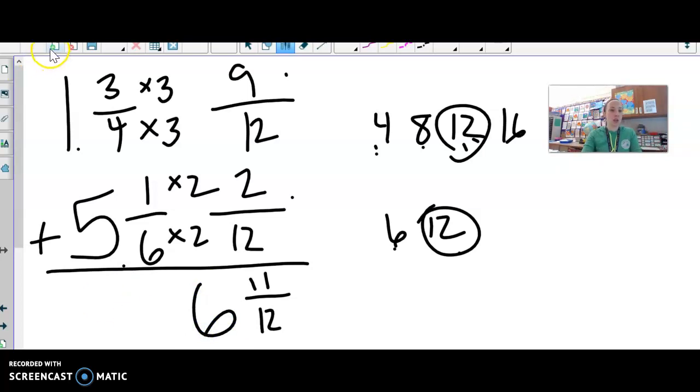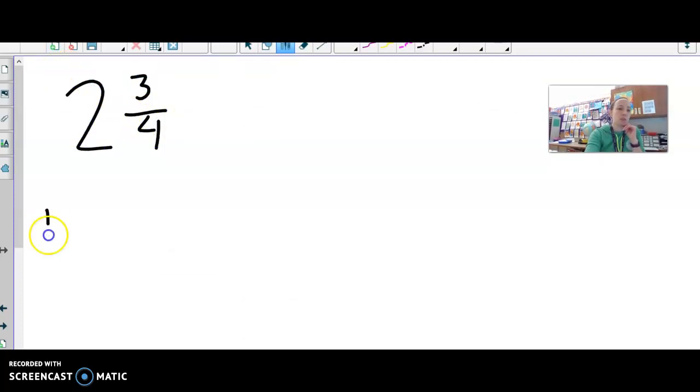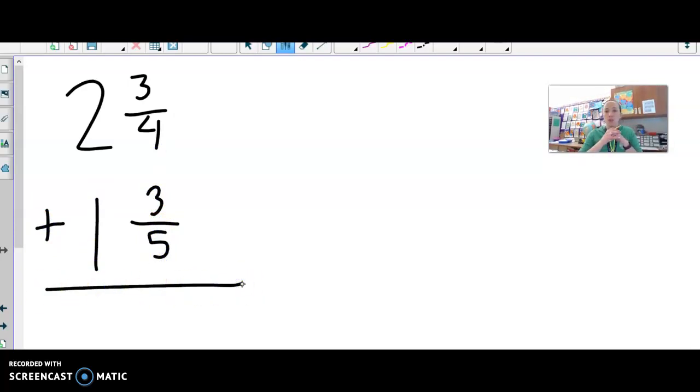Now this one, I'm going to have you try. I made this one up. So 2 3/4 plus 1 3/5. Go ahead, give that one a try. All right, you might have gotten stuck on that one because something weird happened, right? I want to use 20 as my denominator.